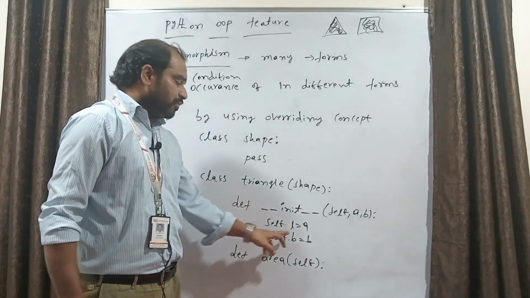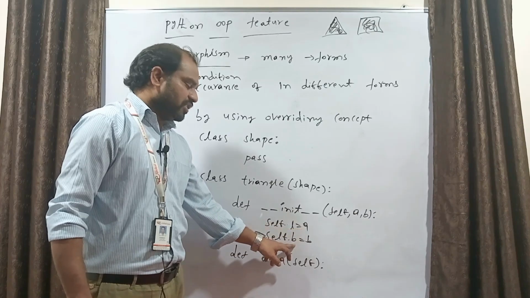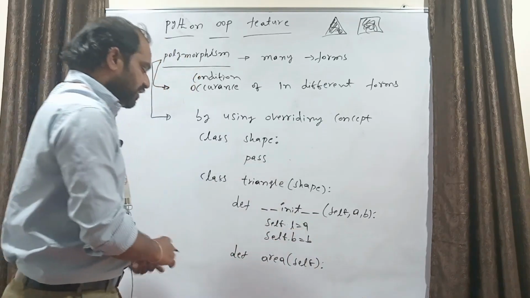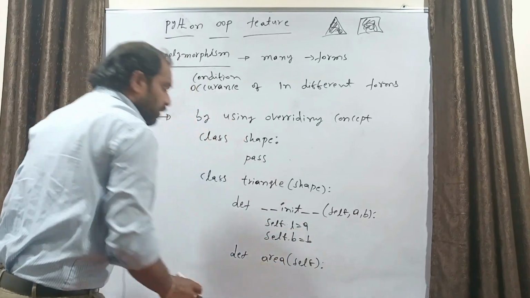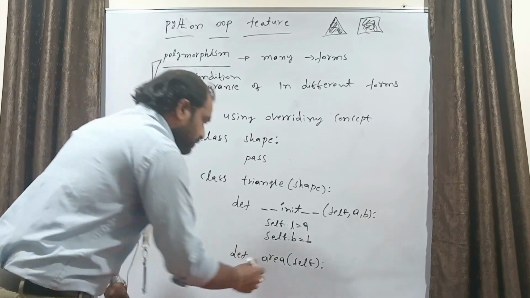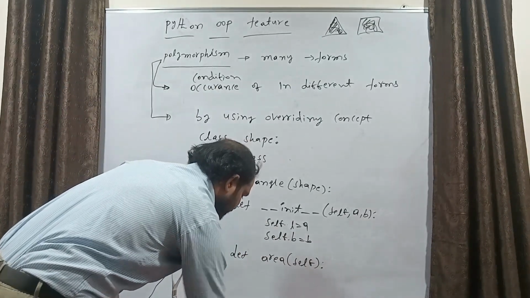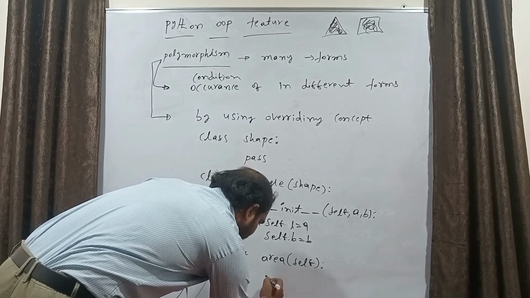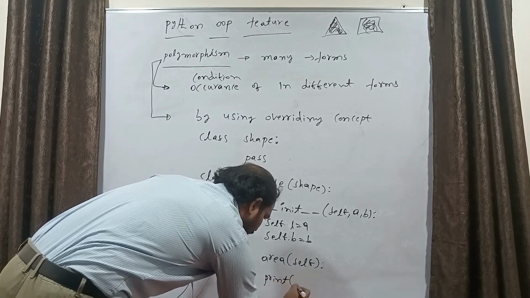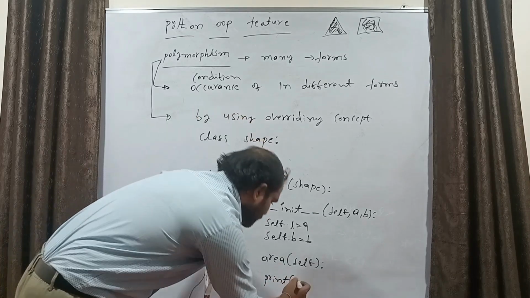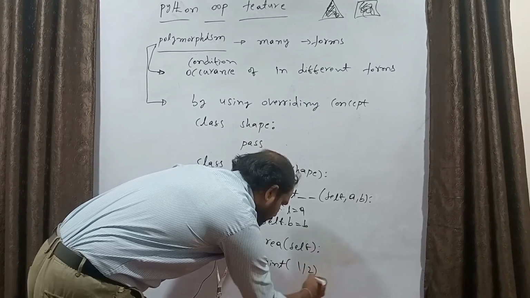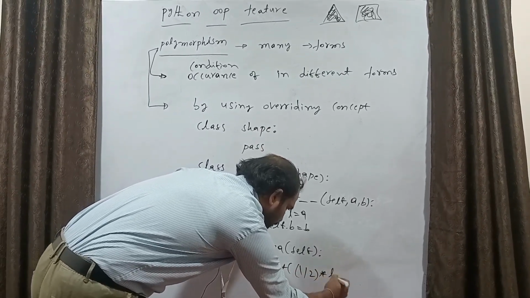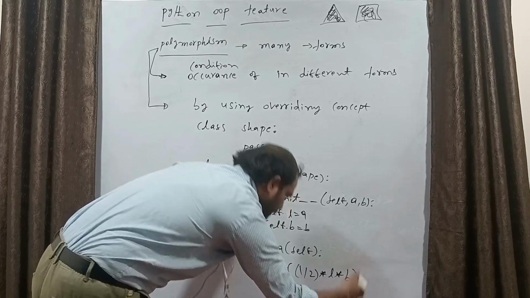For a triangle, we need to know the L value and the B value, then only we can calculate it. Whenever we call this method, the area of the triangle should get calculated. So now print half into L into B, that's it.